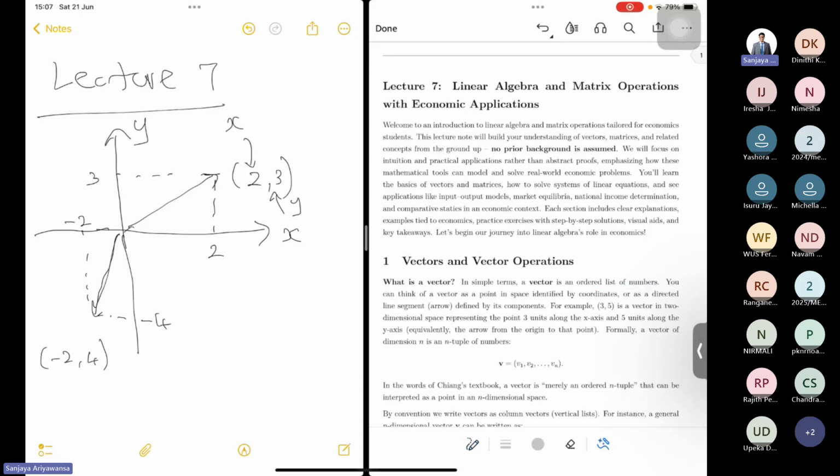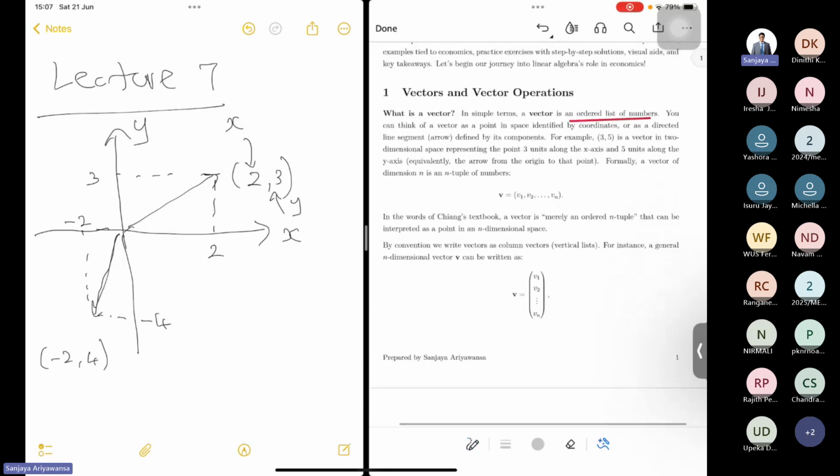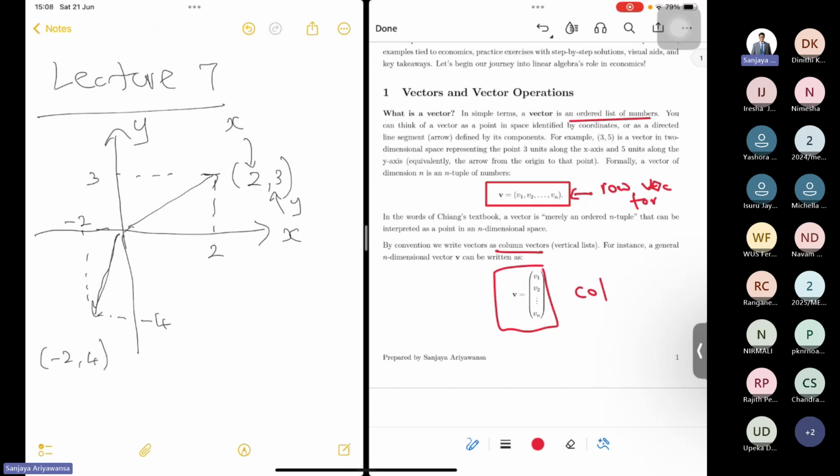As I mentioned, this is a general representation of a vector. It's an ordered list of numbers, an n-tuple of n numbers. Vectors can be represented in different ways. This here is called a row vector, or you can represent it as a column vector, just a set of numbers.